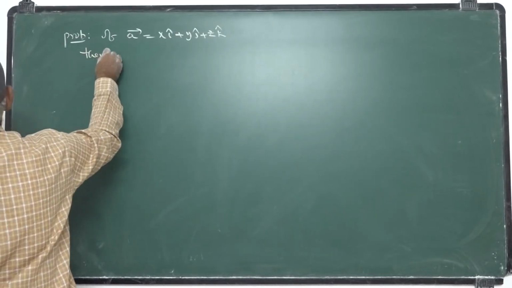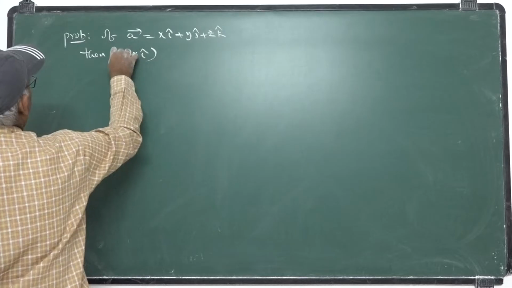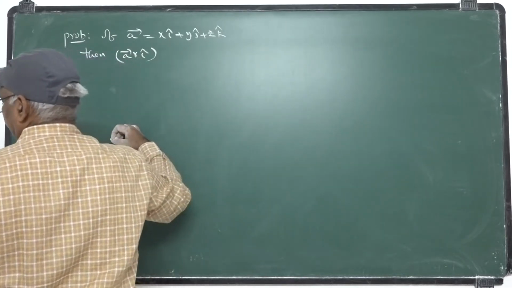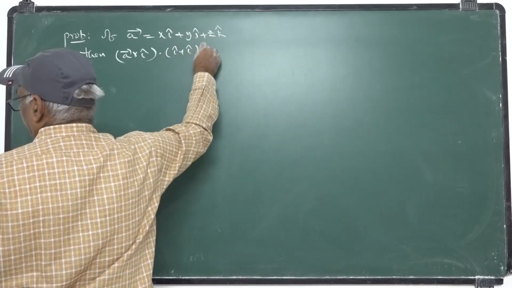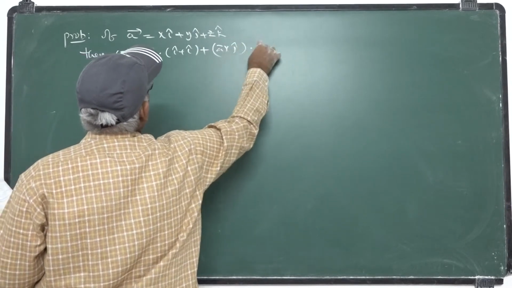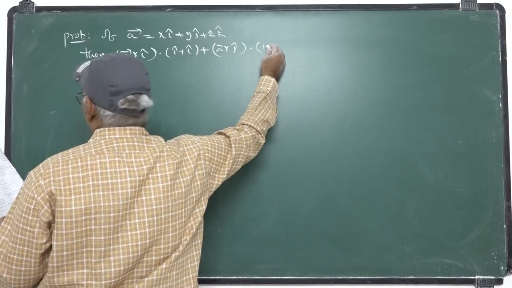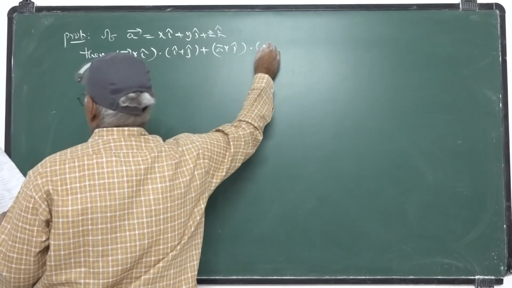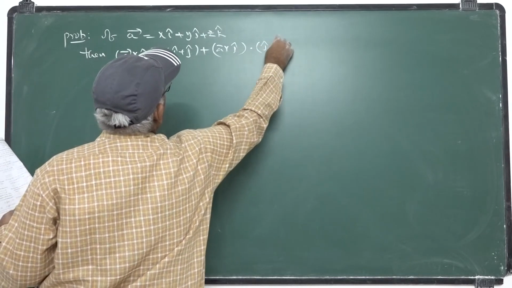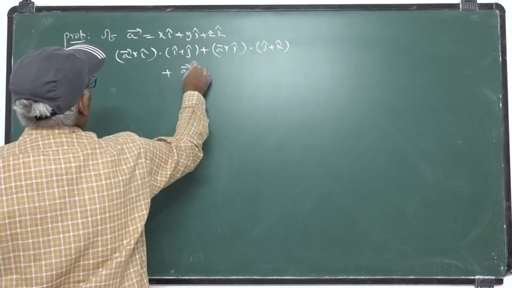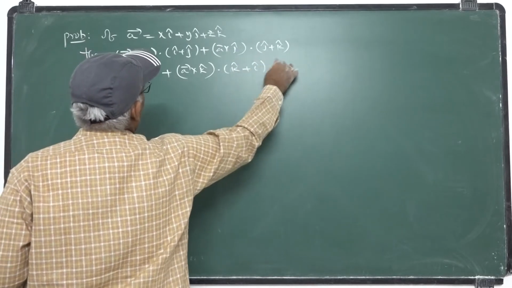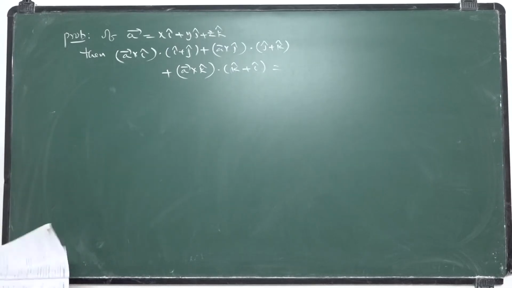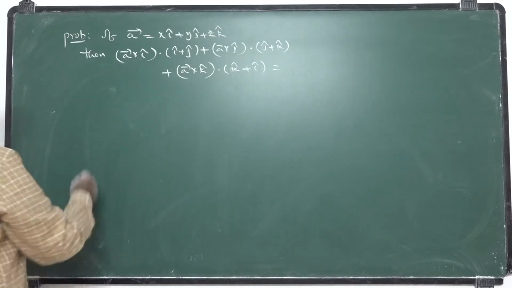Then A bar cross I dot I plus J, of course, plus A bar cross j dot j plus k, plus A bar cross k dot k plus I equals what? This is also a very simple one.